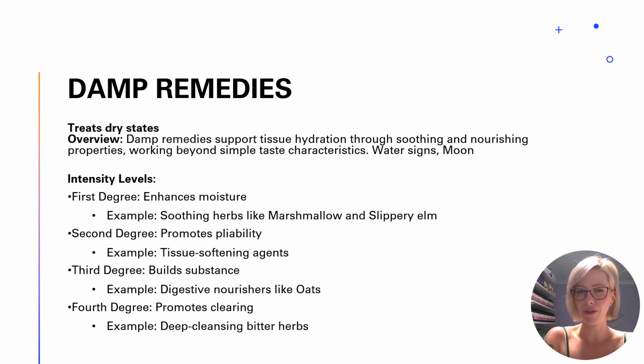So even though a purgative, a herb that promotes clearing, doesn't seem very obvious for a damp remedy, it is because where there's dampness, there tends to be a bit of a toxic buildup. I hope that makes sense.